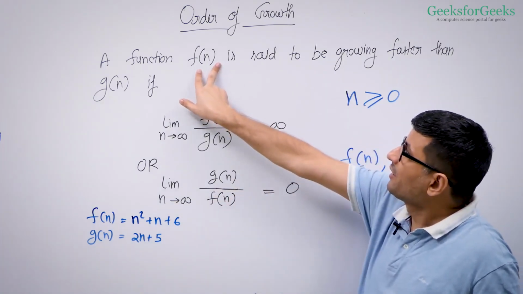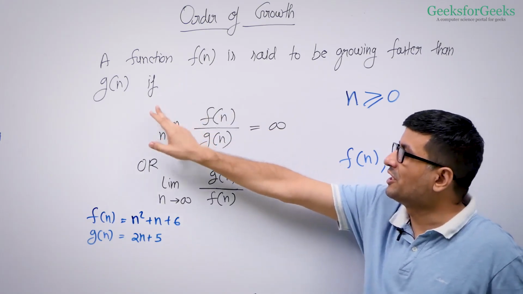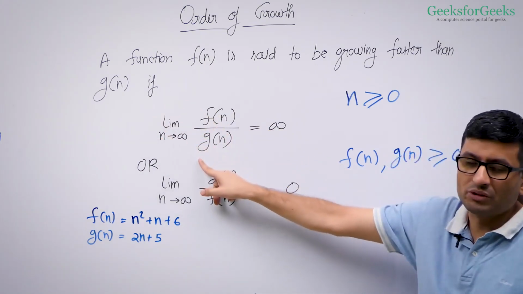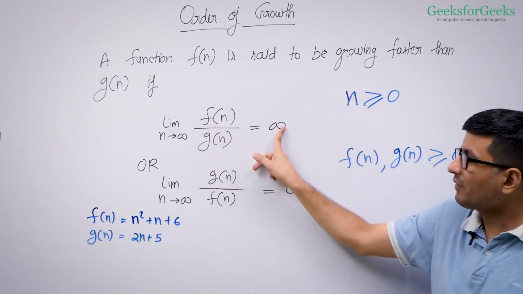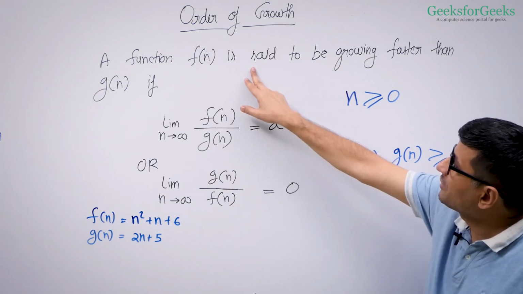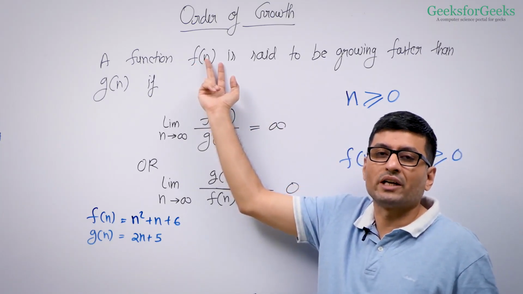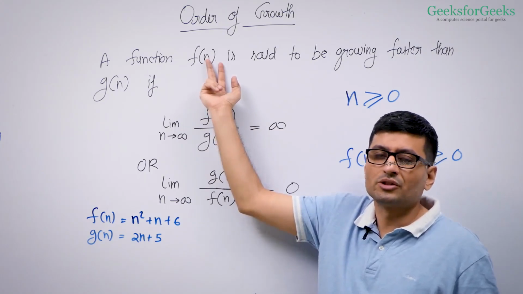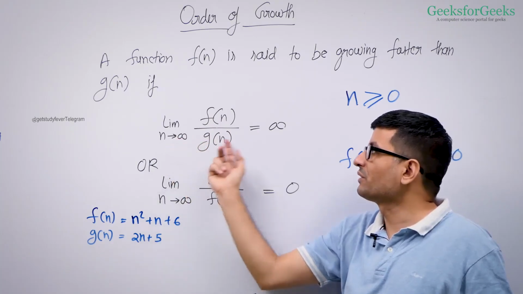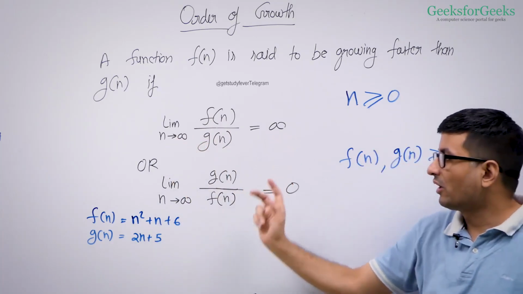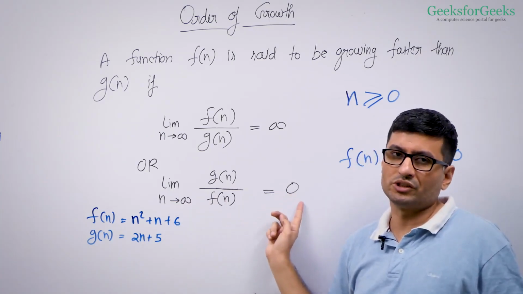So f(n) is said to have higher order of growth than g(n) if the limit, as n tends to infinity, of f(n) divided by g(n) becomes infinite. Higher order of growth means the algorithm whose time is represented by f(n) is a bad algorithm. So if f(n) represents a bad algorithm, then f(n) by g(n) for n tends to infinity would be infinite, or g(n) by f(n) for n tends to infinity is going to be 0.